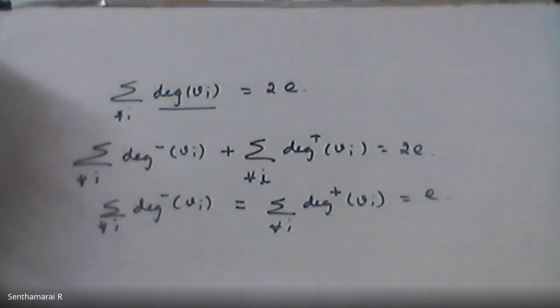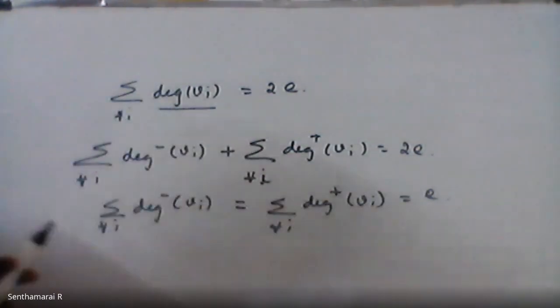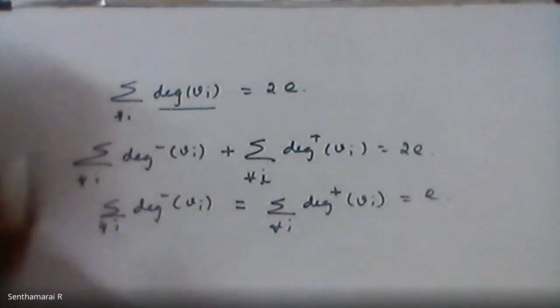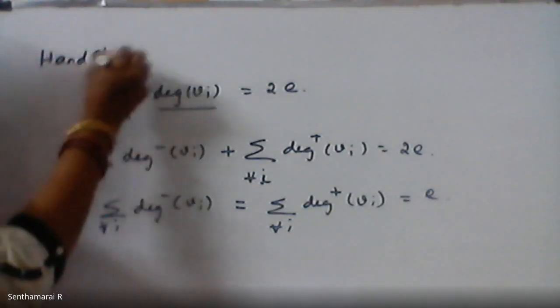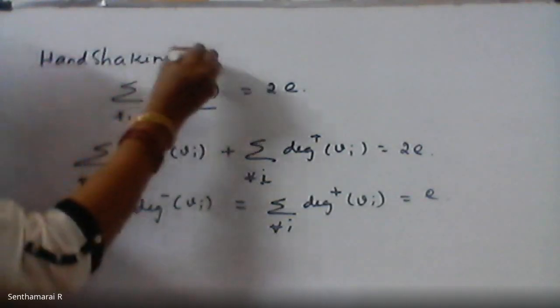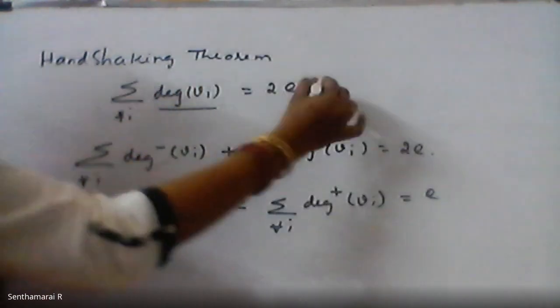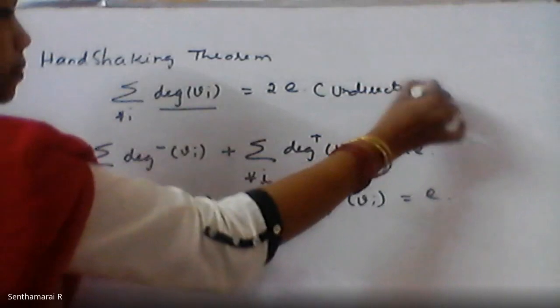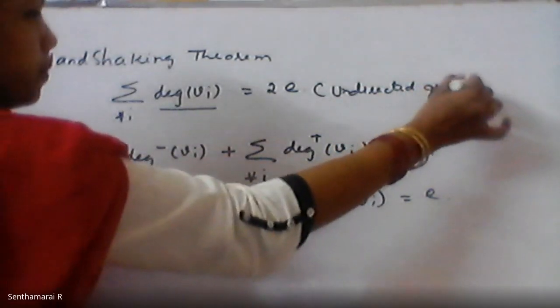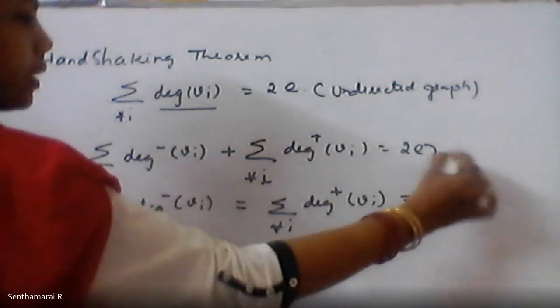Shall I rub the board now? Hello. Have you noted the statement? Handshaking theorem. The first one is for undirected graph. These two are for directed graph.